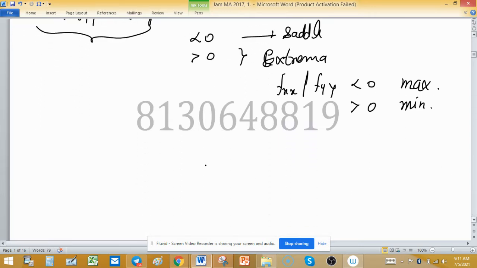So try to find the critical points. First, fxx and fyy exist everywhere, so there is no condition where a partial derivative doesn't exist. Now the second condition is where the partial derivative is equal to 0.